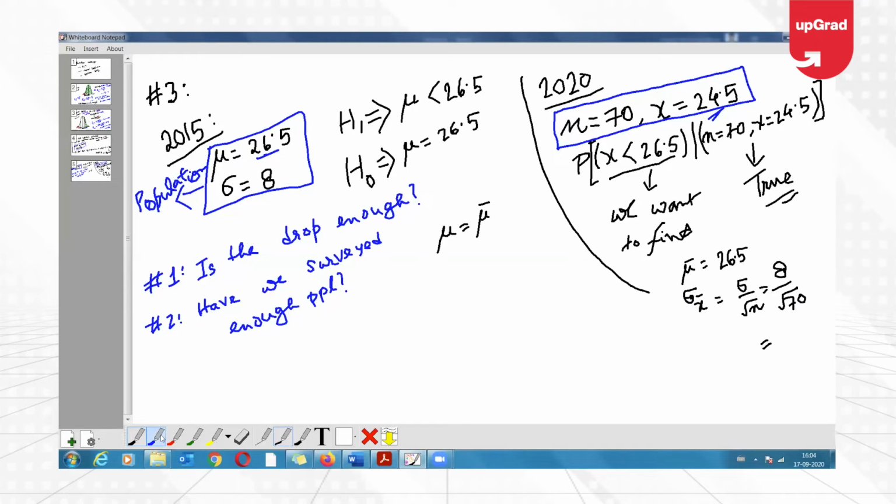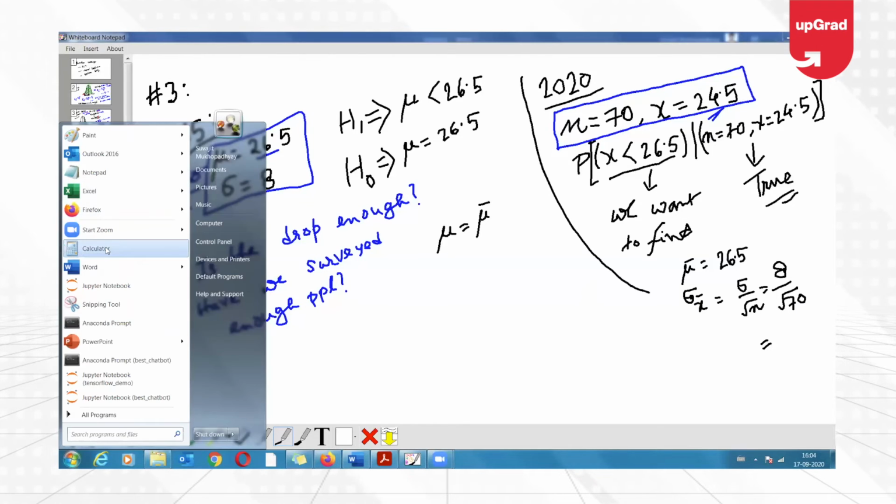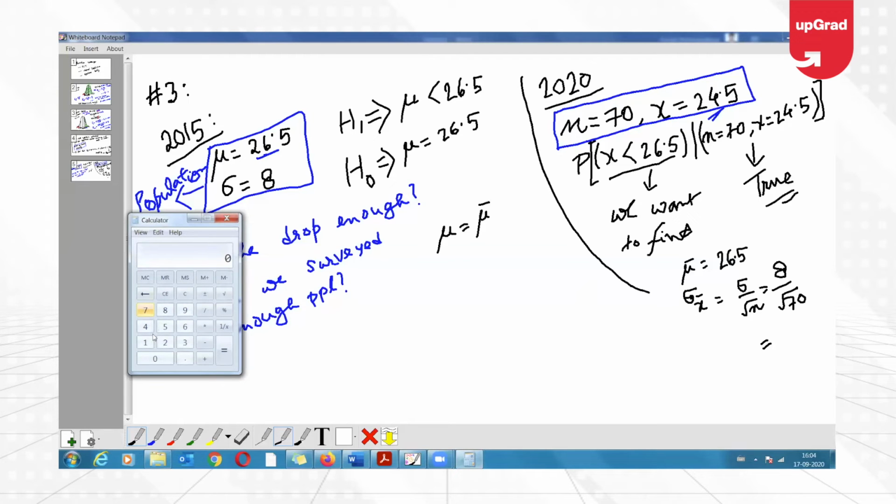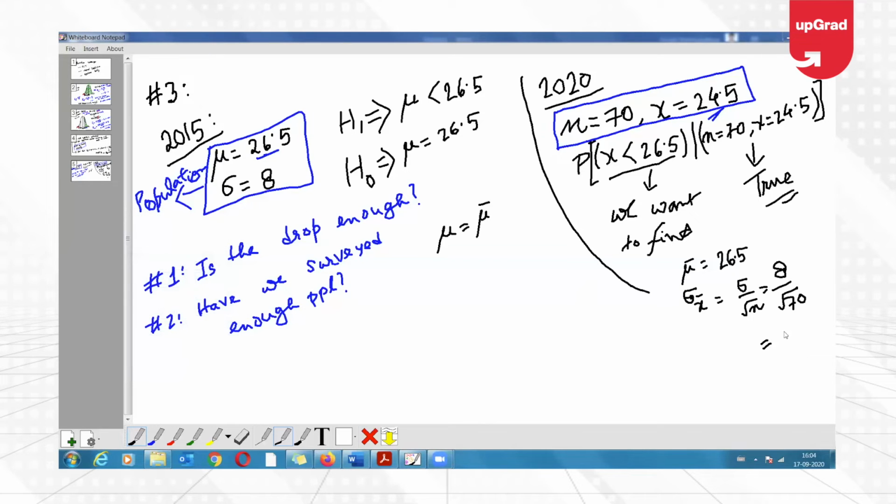The square root of 70 comes out to be 8.36. So 8 divided by 8.36 is 0.95. So the standard deviation is 0.95.